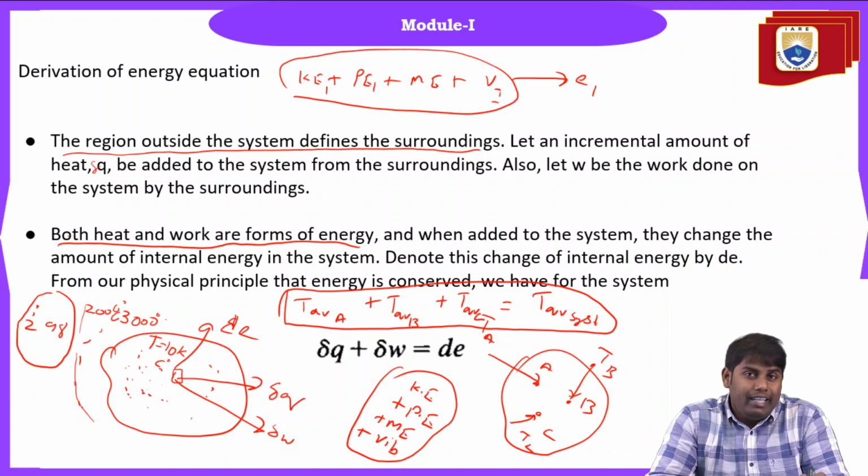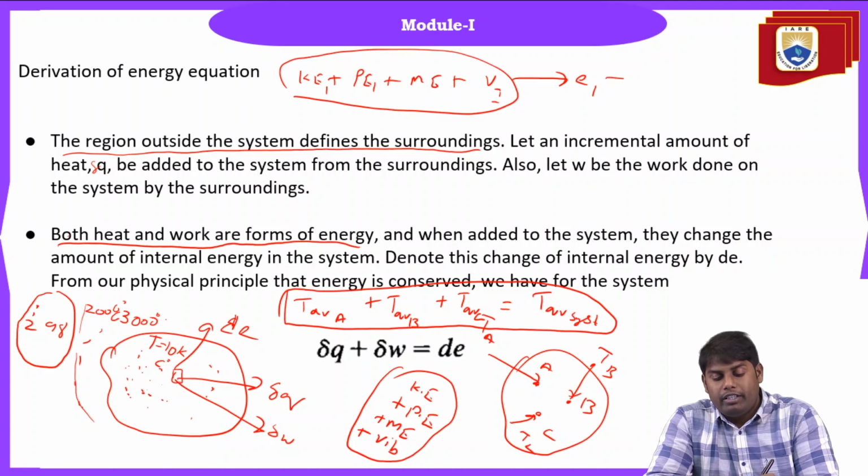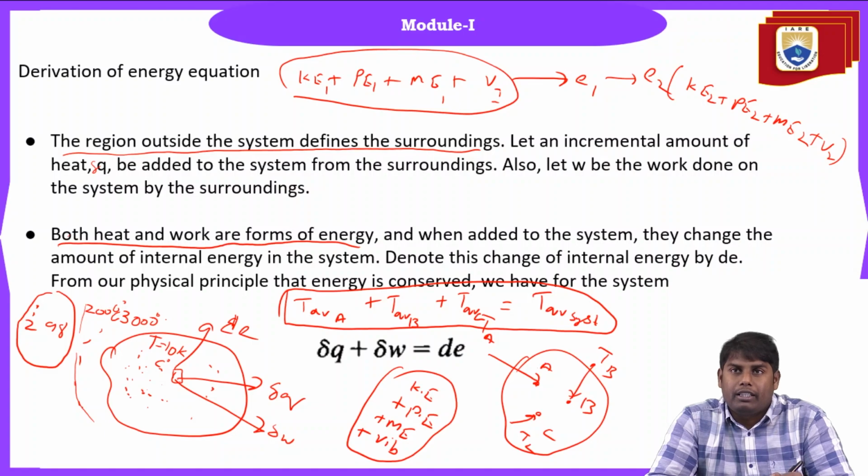When you apply heat and work on the system, it changes to E2. What is the meaning of E2? You will have a new KE2, PE2, plus ME2, plus V2. So these things will happen.